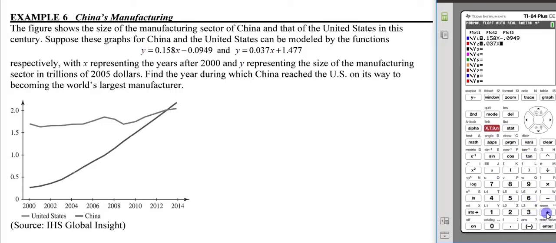I'm going to be trying out all the different window settings and zoom settings so that you're familiar with this. Now on the x-axis, we're going from 0 to 14.